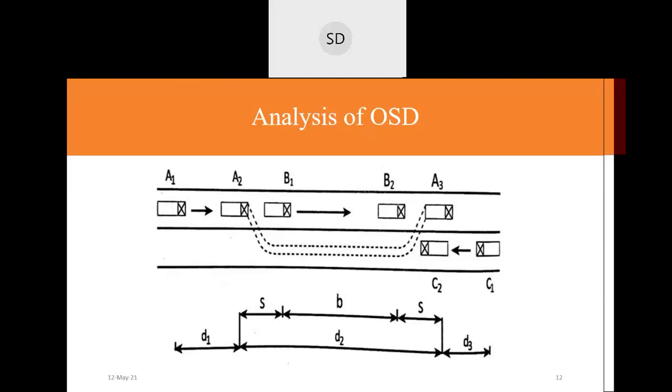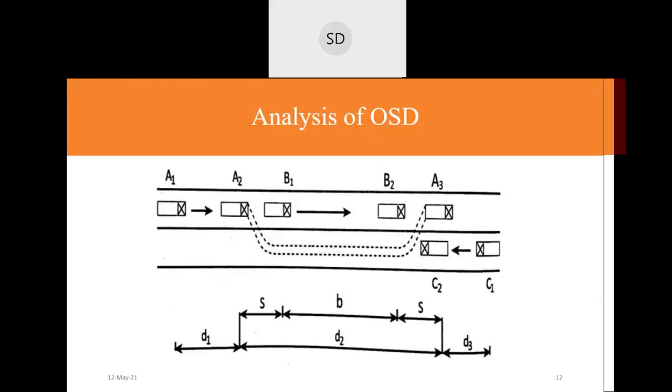Then D2 is the actual overtaking operation, where vehicle A overtakes vehicle B. And D3 is the distance covered by vehicle C from C1 to C2. So that is basically the three parts of the overtaking sight distance derivation.